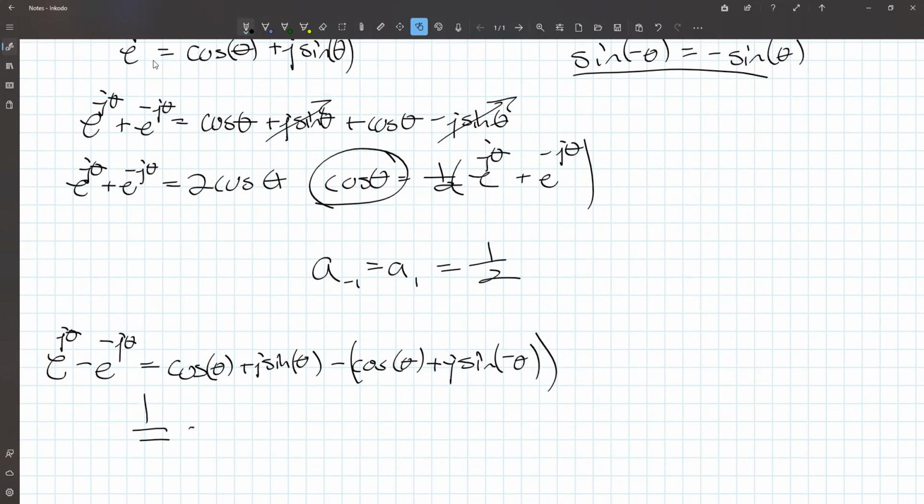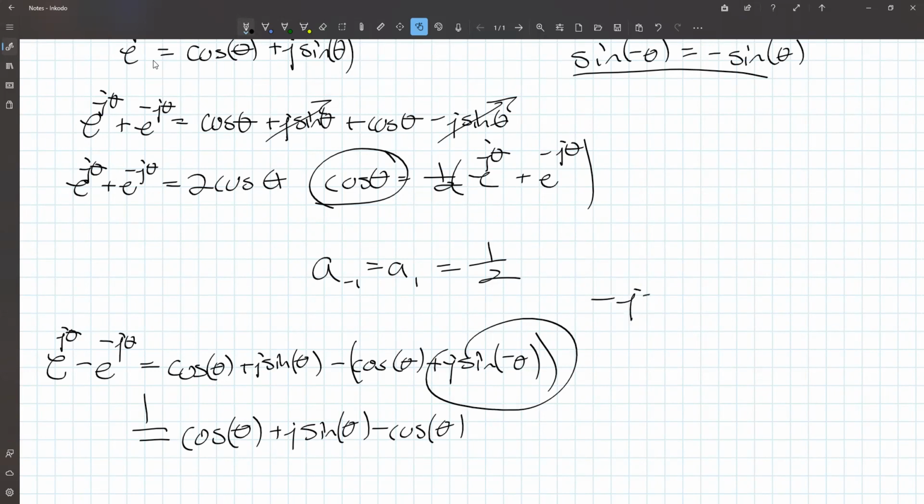And if we rewrite that, we get cosine of theta plus j sine of theta minus cosine of theta. Now, this quantity right here is actually equal to negative j sine theta, right? So when I distribute this negative sign in there, I get a negative times a negative on the sine. So I get positive j sine theta.